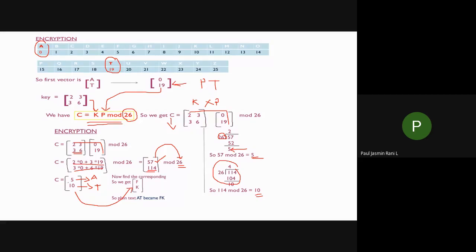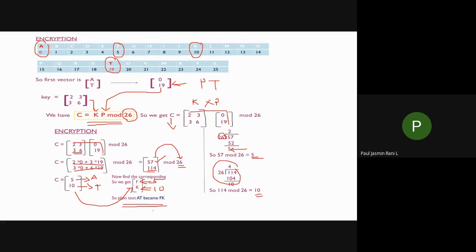The corresponding letter for 5 is F, so you are getting F as your ciphertext. For 10, from your tabular column, you will get K. So for the plain text AT, you are getting the ciphertext as FK.